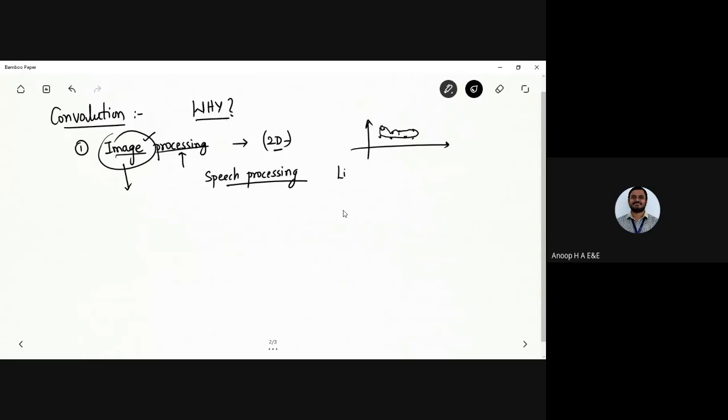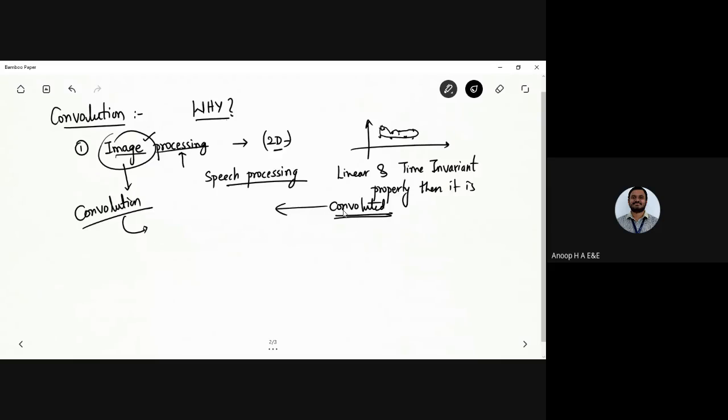In case it satisfies the linear and time invariant property, then the system is generally convoluted, and you call the signal convoluted in nature. So the convolution operation can be performed easily. The same thing is generally CNN, convolution neural network.